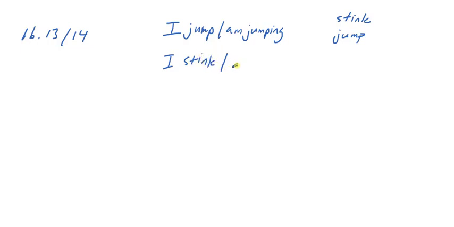Would I translate it as I am stinking? Does that sound normal to you? Really? Do you look at your 13-year-old son who's come in from playing ball and say, wow, you're really stinking?